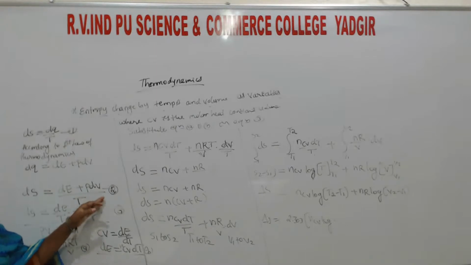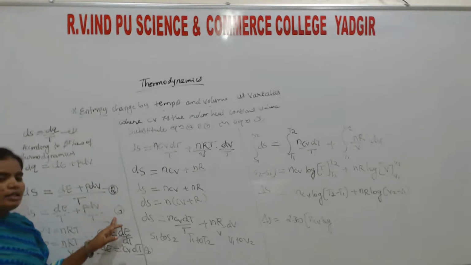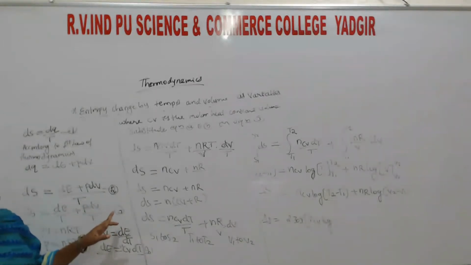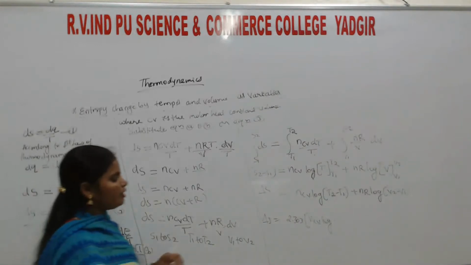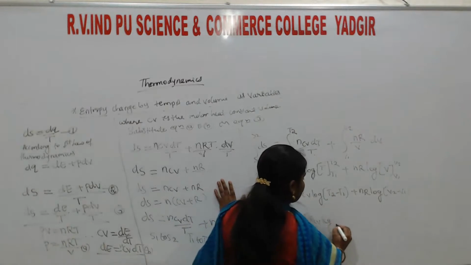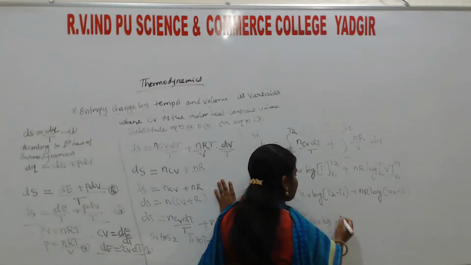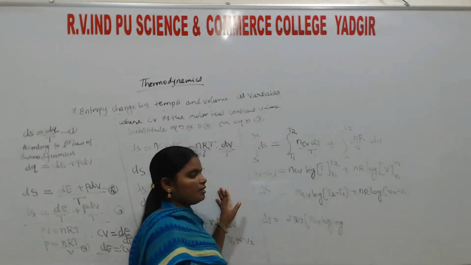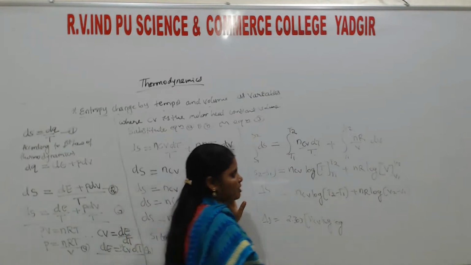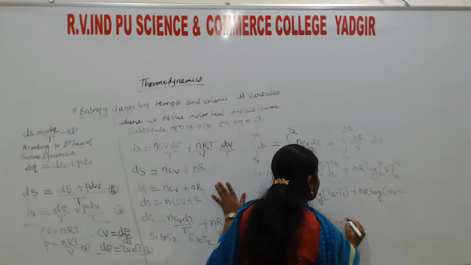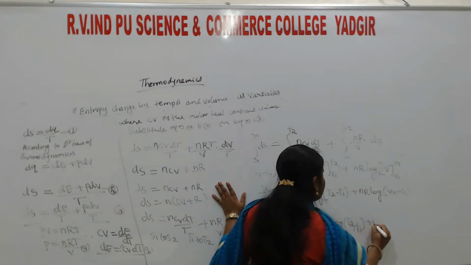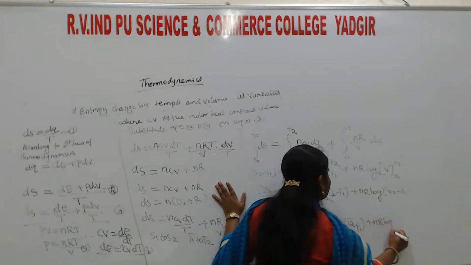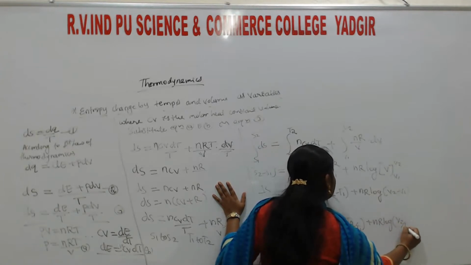This is equation number 4. Finally you get delta S equals 2.303 n CV log of T2 by T1 plus nR log of V2 by V1.